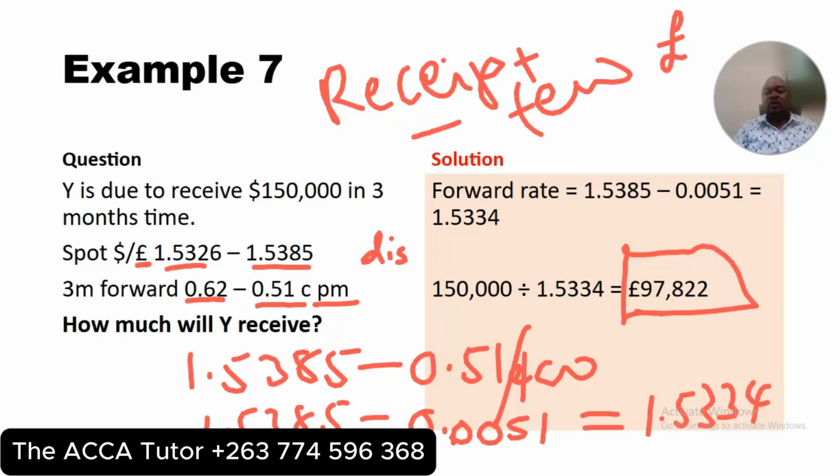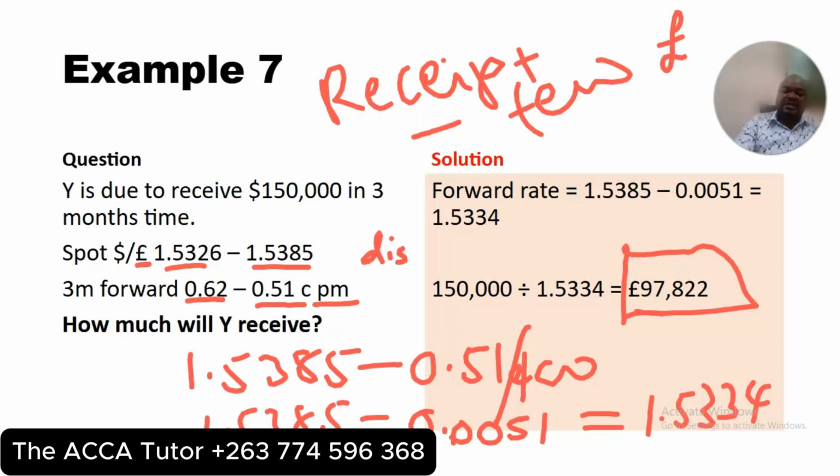Okay, so that's the trick, ladies and gentlemen. If you're given the amount of points in cents, then to bring them to points, you need to divide by 100. It's as simple as that. Are we together? Good.